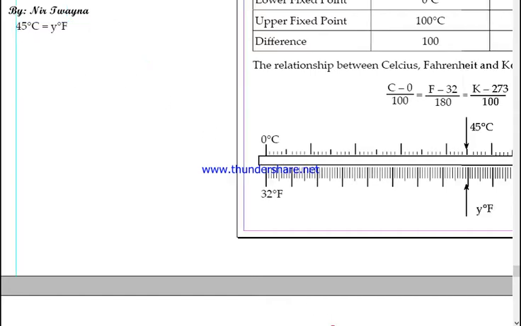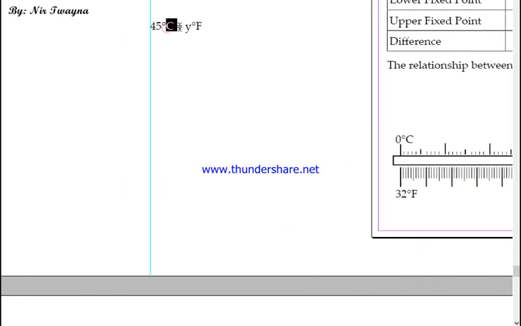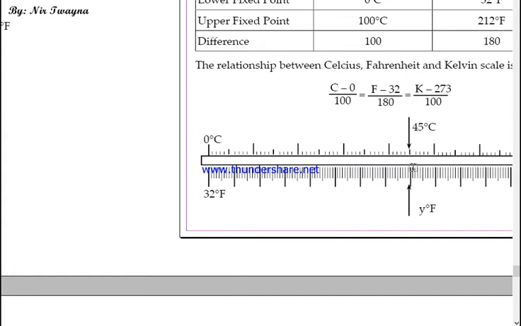Now Celsius and Fahrenheit are not the same thing, are they? They are not the same value. So you cannot say that Celsius is equal to Fahrenheit. So in terms of the exact value, I am going to take the segment of the scale.